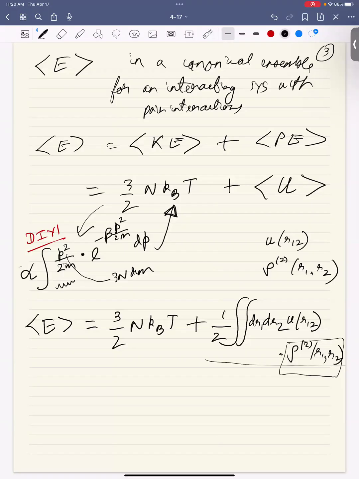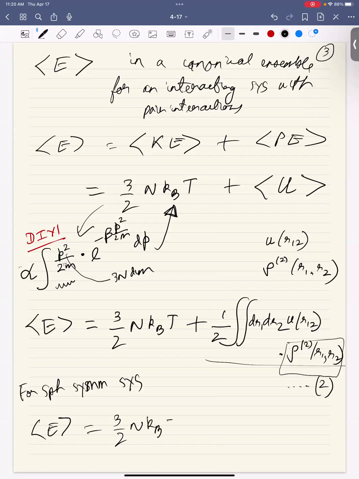And we will show this, we will prove this. Let's call this equation number 2. For spherically symmetric systems, we will find that again, average E, the kinetic energy part is the same, 3/2 n kBT.